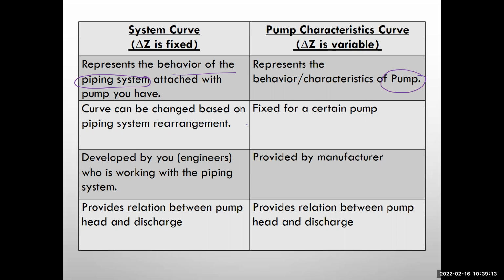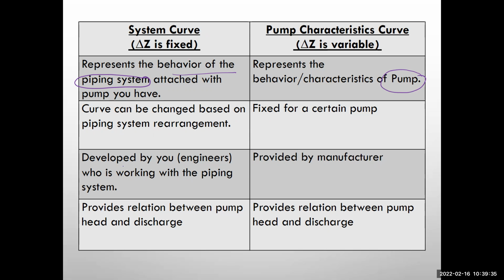The system curve can be changed based on the piping system rearrangement. Obviously, we saw that we had 5 different systems, and for each system we will have a different system curve, right? But for one single pump, the curve is fixed.